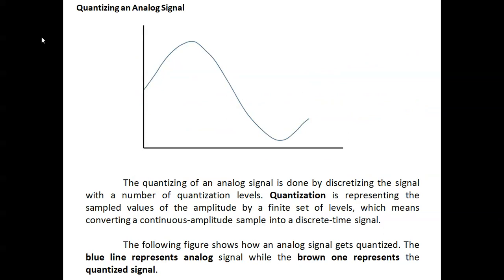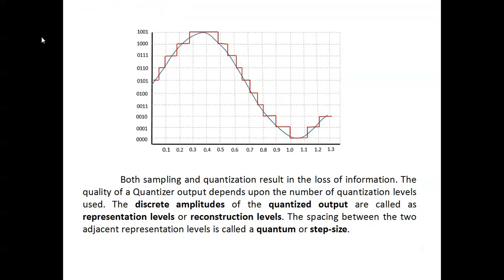So for quantization, look at this figure: the blue line is the analog signal, and the blue and brown lines show the sampling and quantization result.